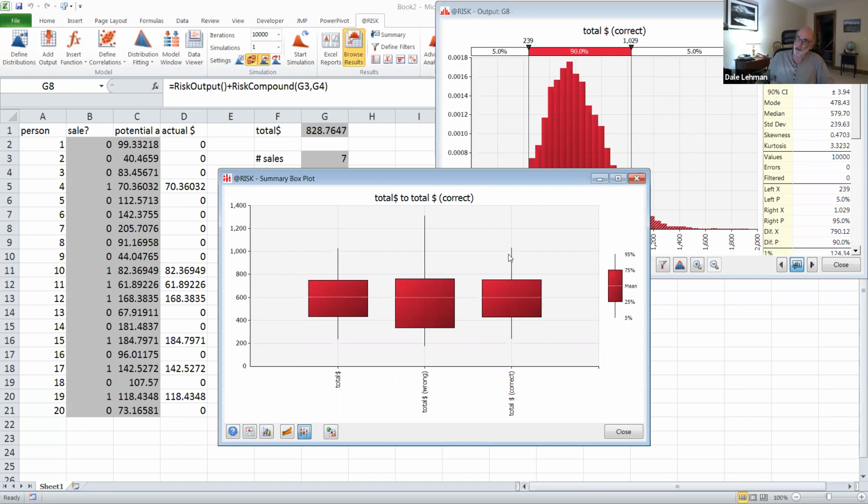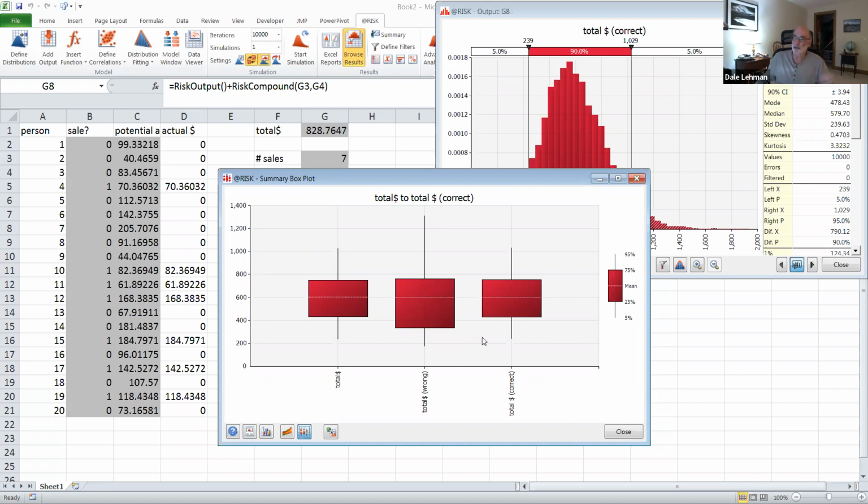The middle one is the one that's off, that's done wrong. It's far too much uncertainty because it's assumed that every sale is for the same amount. So if you have a large number of sales, they're all large amounts. If there's a small number of sales, every sale's for a small amount, whereas the left and the right allow each sale to have an individual amount that's different, drawn from the severity distribution.